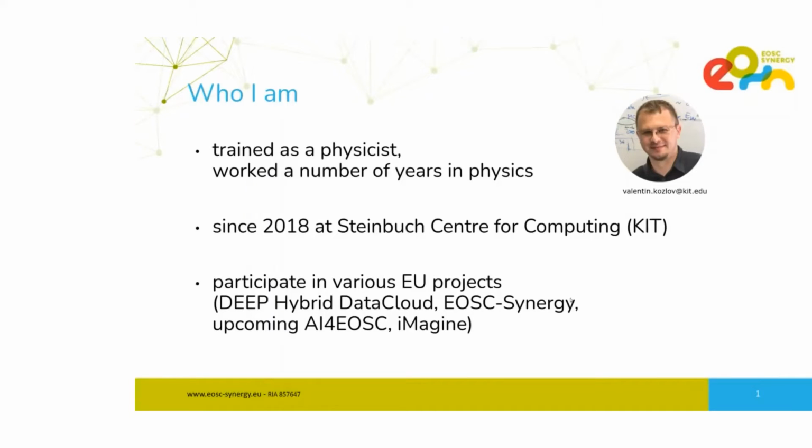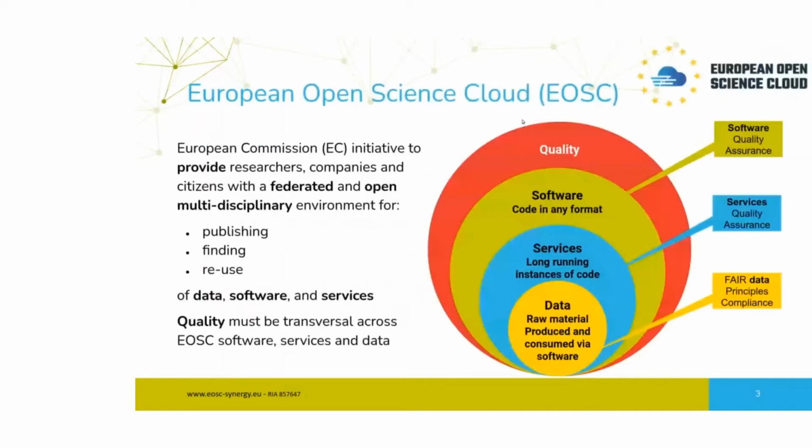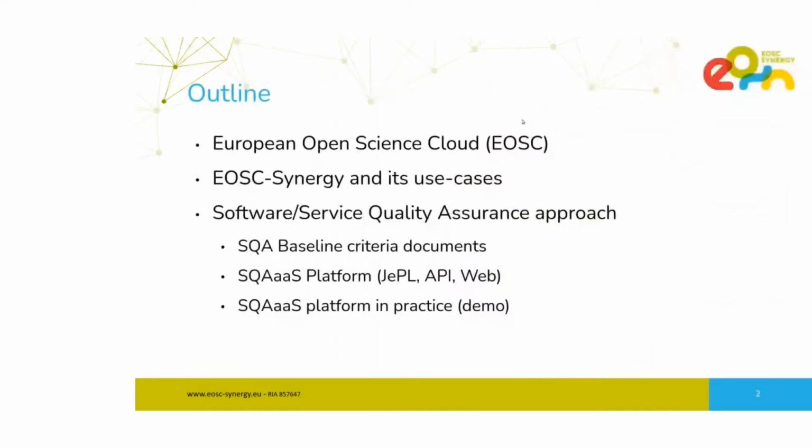Here is the outline of the talk. We work in European projects, so our community is very much related to what is called European Open Science Cloud, and I will say a few words about it. The current project under the EOSC umbrella is called EOSC Synergy, and I will also say a few words about its use cases and what this project is about.